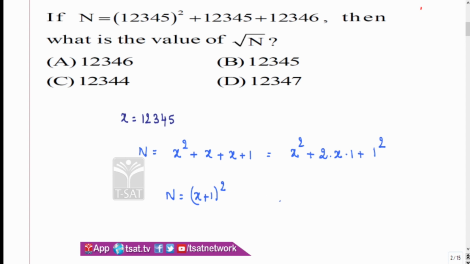He is asking you root of n. You get x plus 1 here. Now what is x? 1, 2, 3, 4, 5 is x. Then what is 1, 2, 3, 4, 5 plus 1? It's 1, 2, 3, 4, 6. So if you know the formula a plus b whole square and how to apply it, then by looking at it you can say it is actually in the form of x plus 1 whole square. Therefore your answer is x plus 1, where your x is 1, 2, 3, 4, 5.